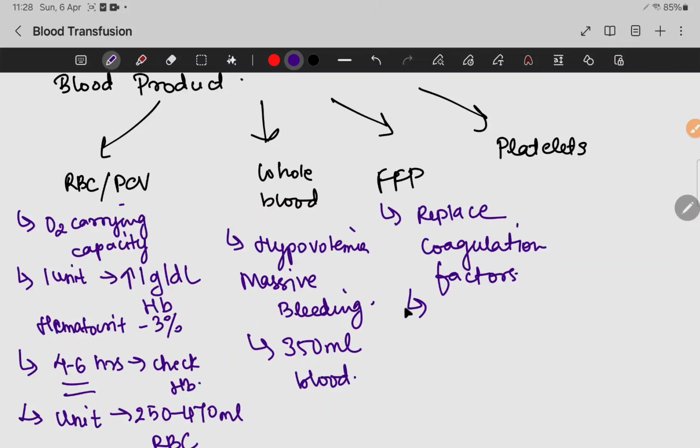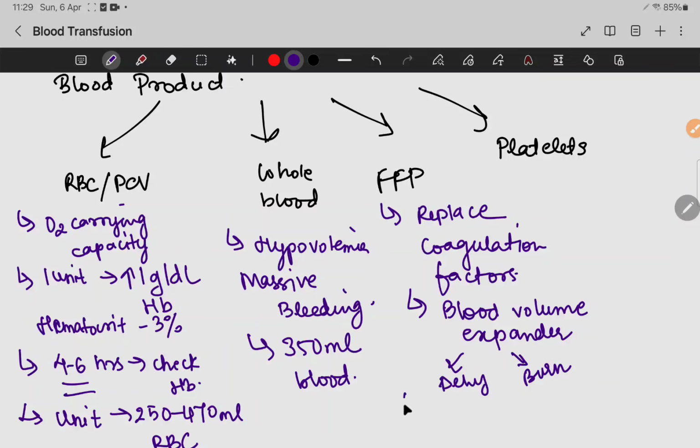Then it is also used as an excellent blood volume expander. Okay, blood volume expander. So it can be used in severe dehydration or burn if you don't have blood available, so you can use this.